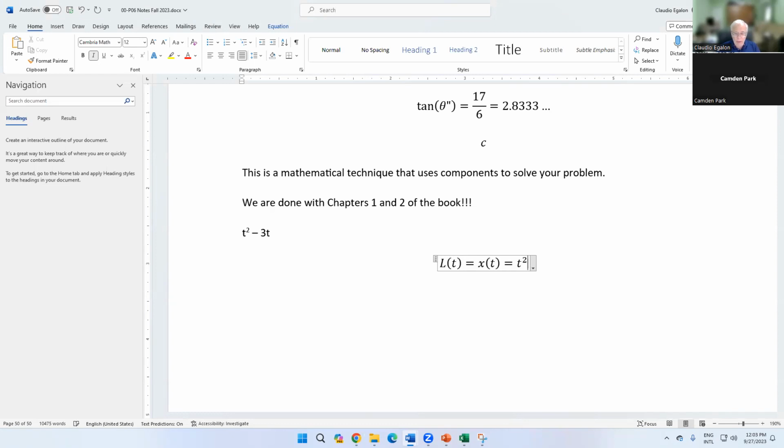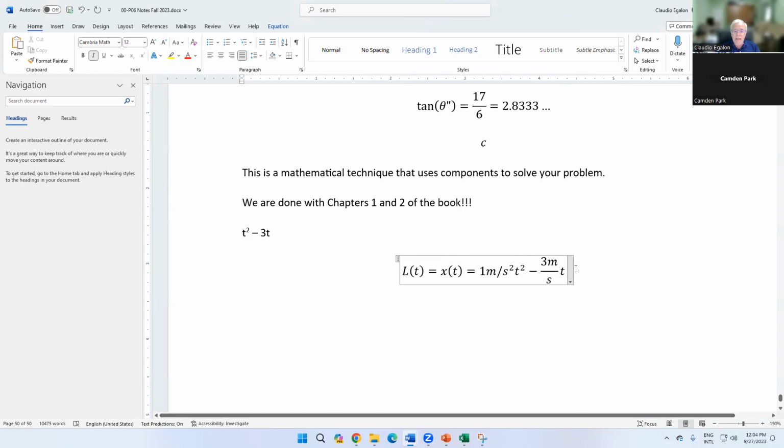It's t squared minus 3t, so there are some units missing there. I know for a fact that he means 1 meter per second squared times t squared, and 3 meters per second times t. Those are the units that are missing in the problem.